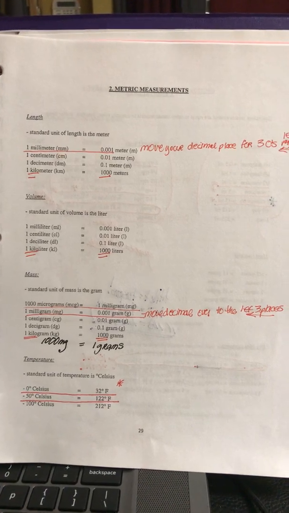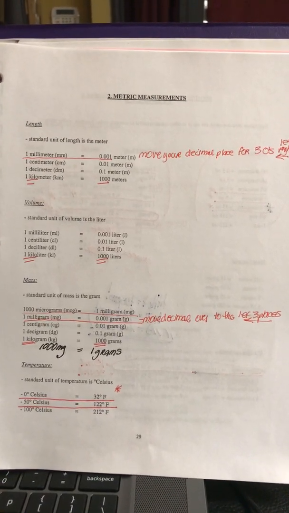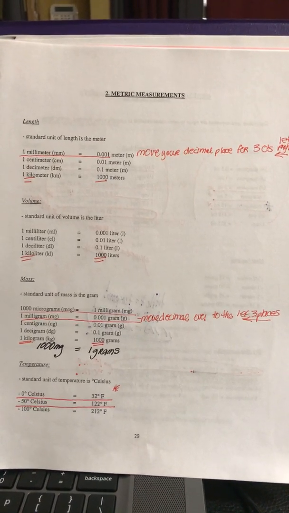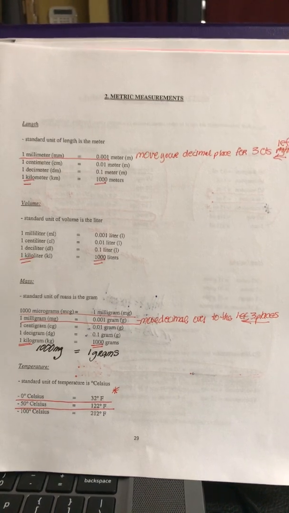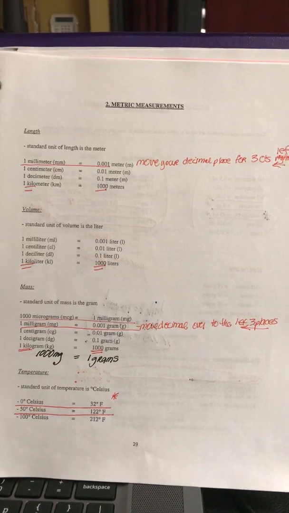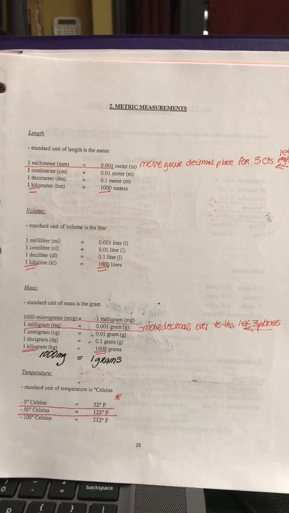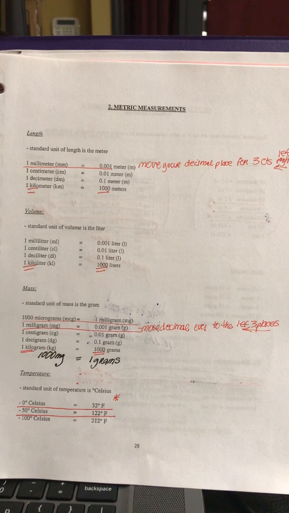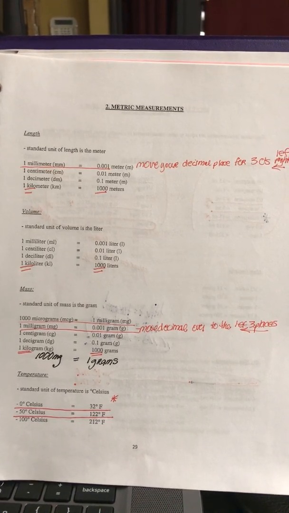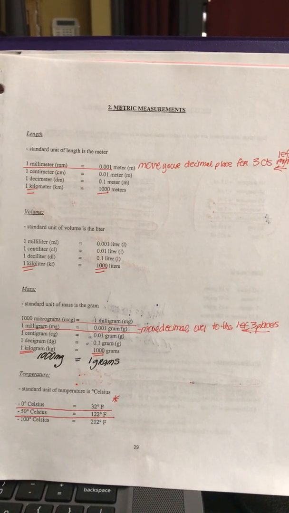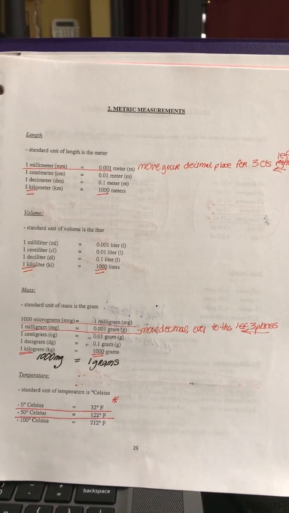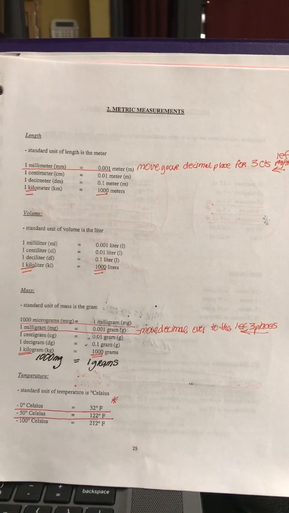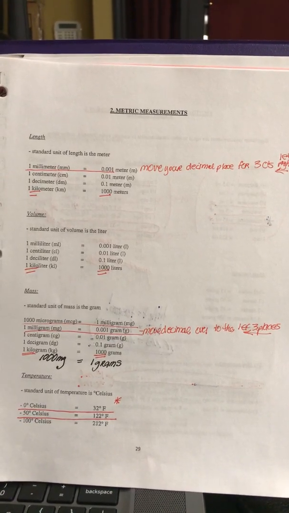Okay. Mass, that is pretty much the weight all together. Same thing, don't go thinking too hard, but you will see a lot of this because most medications are ordered in milligrams. So 1,000 micrograms, and you'll see that as mcg, equals 1 milligram. So milligram here is the biggest that we're looking at, and it takes 1,000 micrograms to make that up.